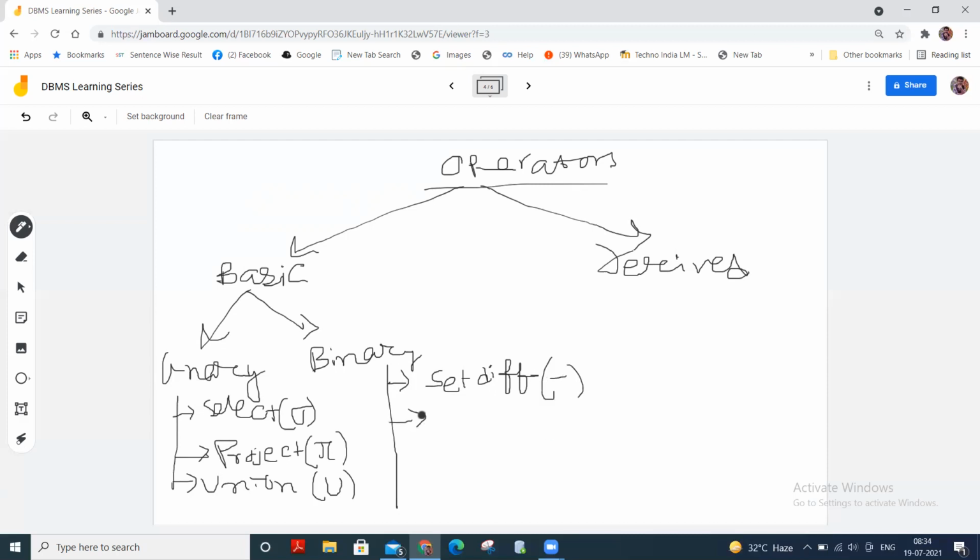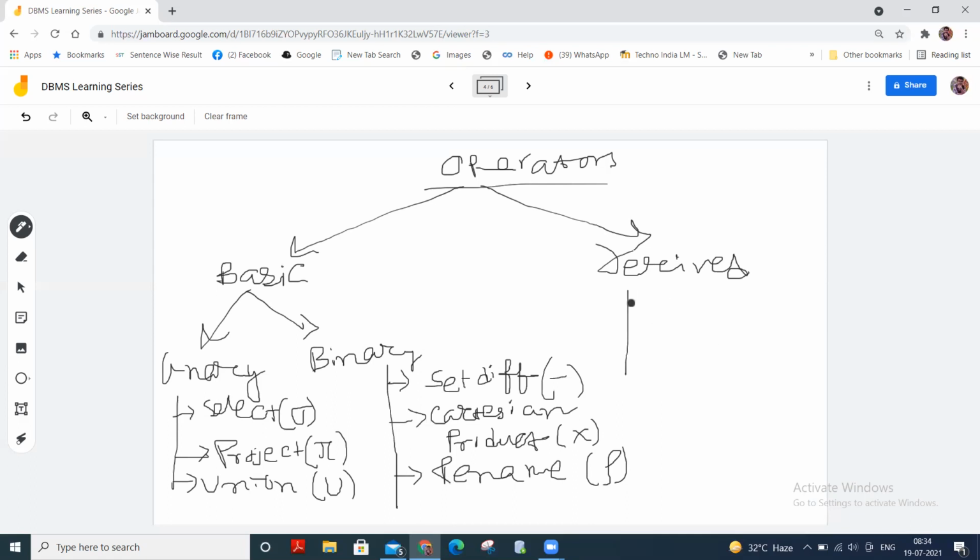Then the next one is Cartesian product, which can be written with a multiplication sign. Then the next one is rename. This is the rho symbol, for the rename.